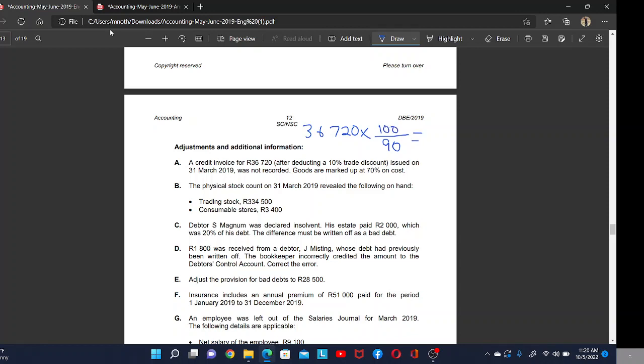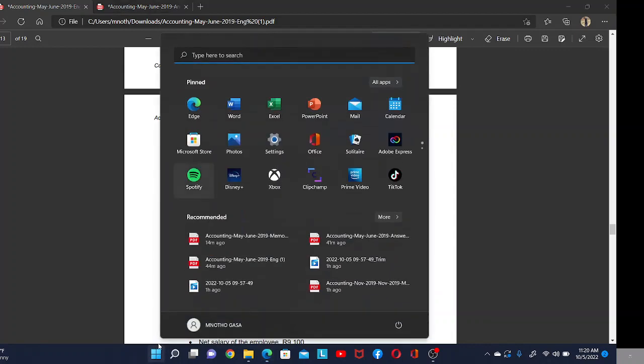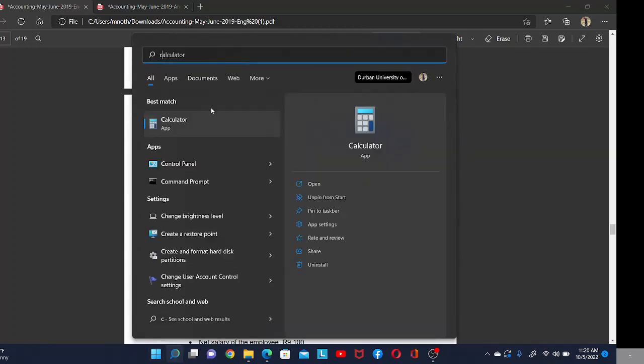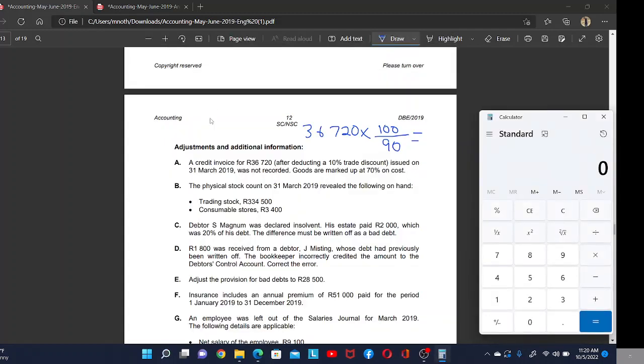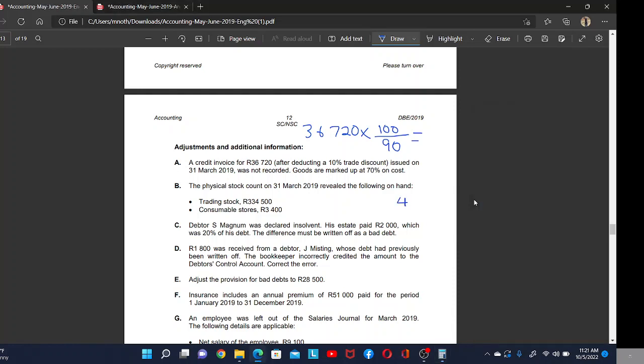Let's take the calculator. It's 36,720 times 100 divided by 90, which is equal to 40,800. So this is the selling price before the 10% trade discount was deducted.